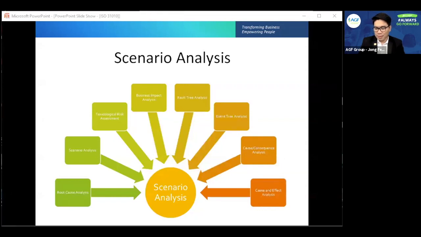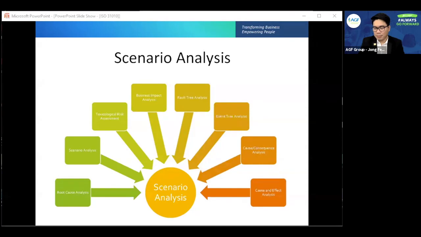Fault tree branches out the ways in which the risk arises or comes from. The event tree works similarly, with inductive reasoning.